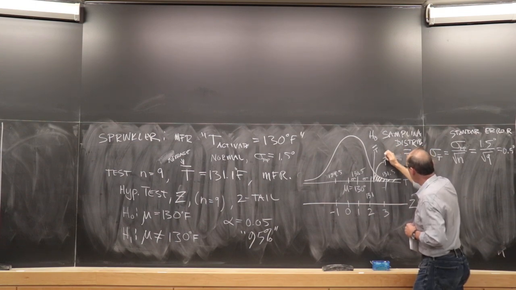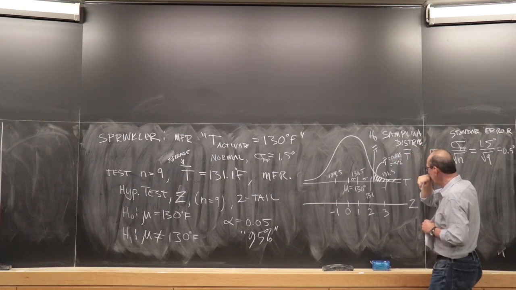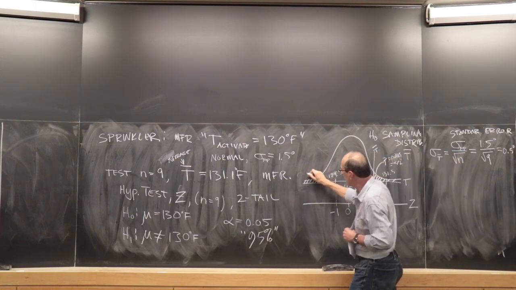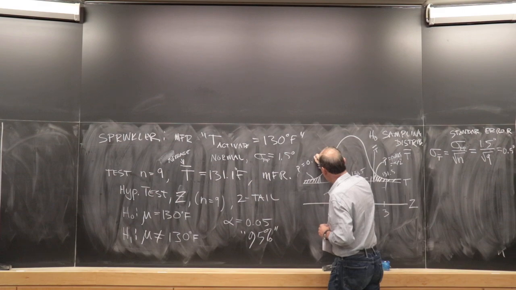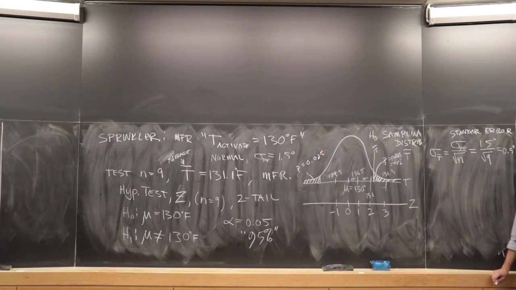I hate this big chalk, but I'm told it looks better on camera. Now I have a two-tailed test, so I have the same thing over here. This is probability of 0.025, my 5% over 2.